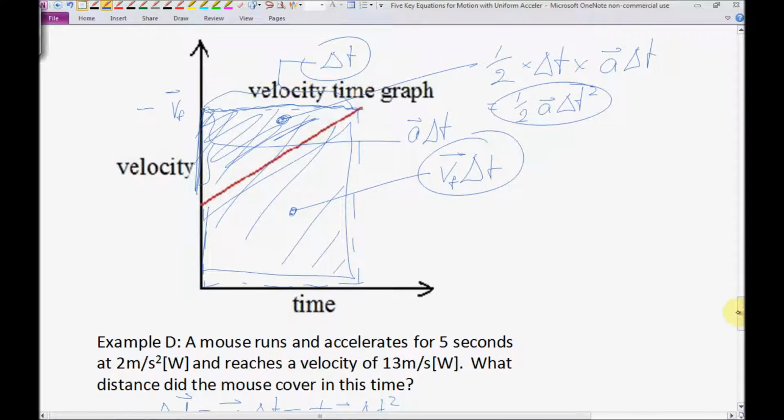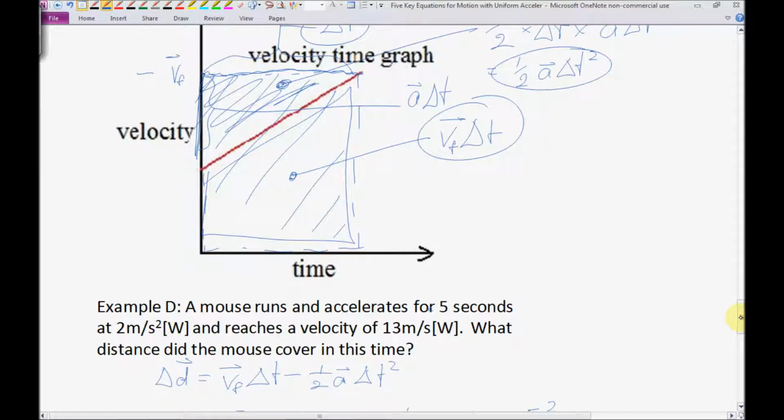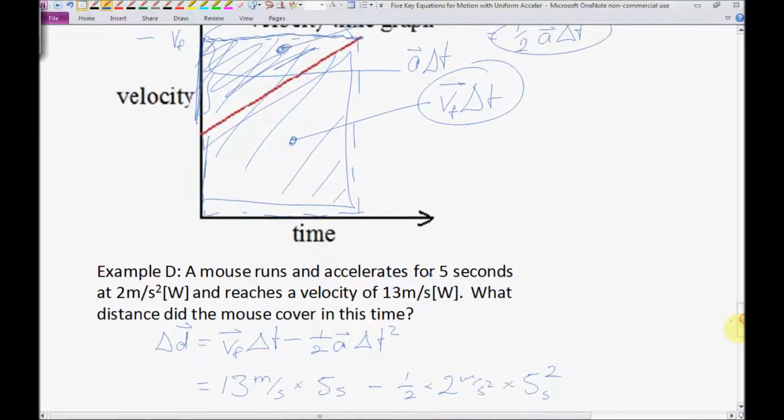Here's our example for equation 4. A mouse runs and accelerates for 5 seconds at 2 meters per second squared west and reaches a velocity of 13 meters per second west. What distance did the mouse cover in this time? There's our equation 4. So final velocity times delta T minus half A delta T squared. The mouse had a final velocity of 13 meters per second, and he was accelerating for 5 seconds, running across the floor.